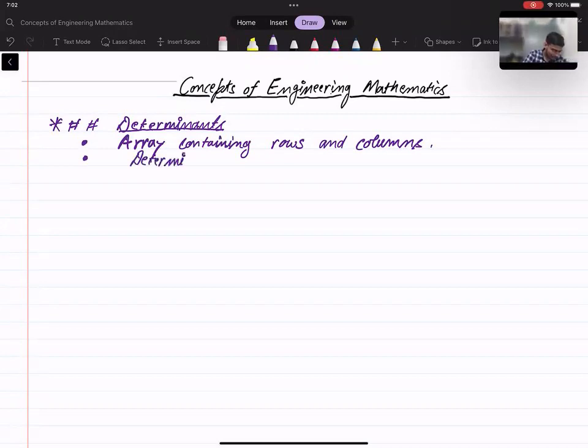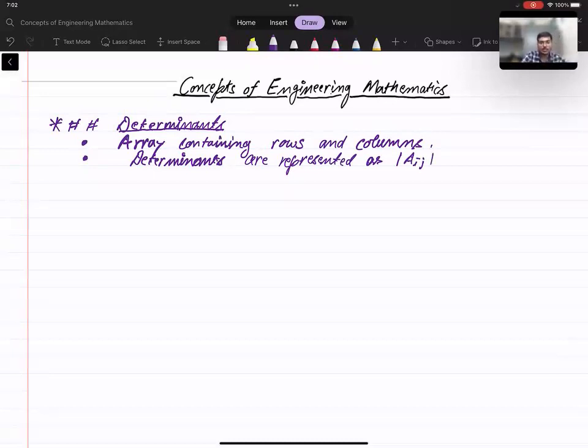Determinants are represented like this, where these bars are used to include the rows and columns, and in determinants the number of rows is equal to the number of columns.